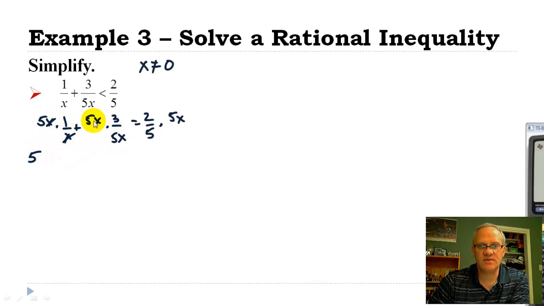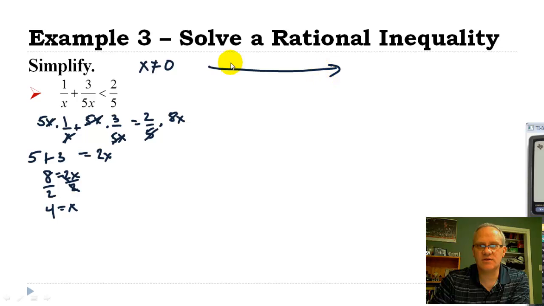Here, the 5 and the x both cancel, so we have plus 3. And then over here, the 5's cancel, and what's left is 2 times x, or 2x. So we've got 8 equals 2x, divide by 2. x equals 4.